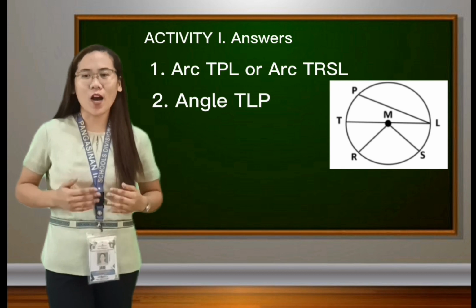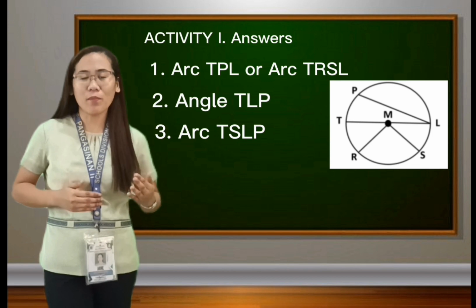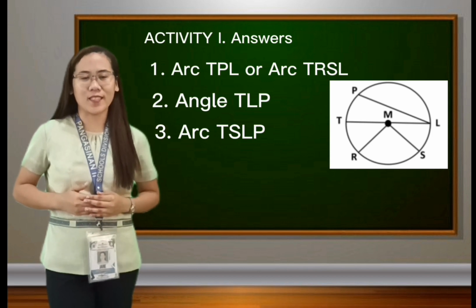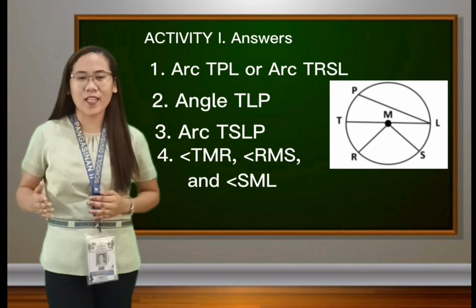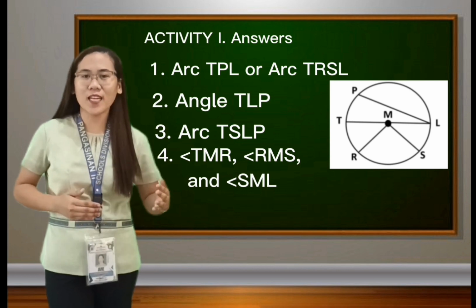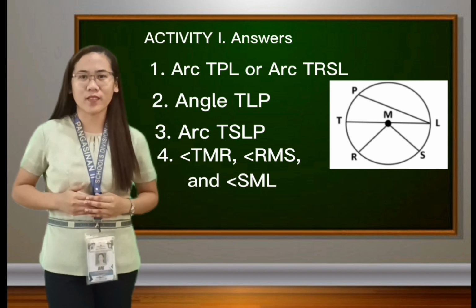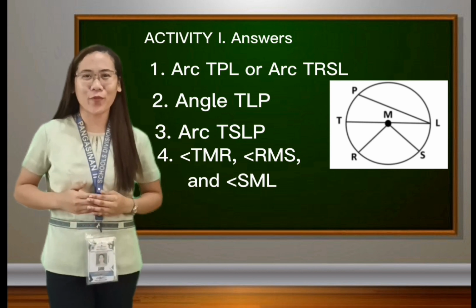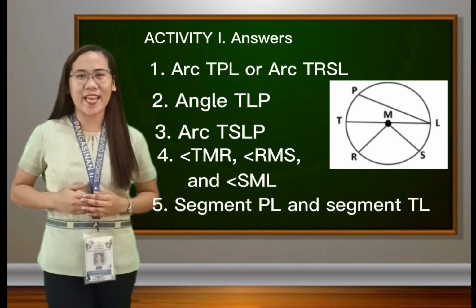So we have RTSLP. And number 4, central angle. So we have angle TMR, angle RMS, and angle SML. How about for chord? Yes, you are correct. We have segment PL and segment TL.